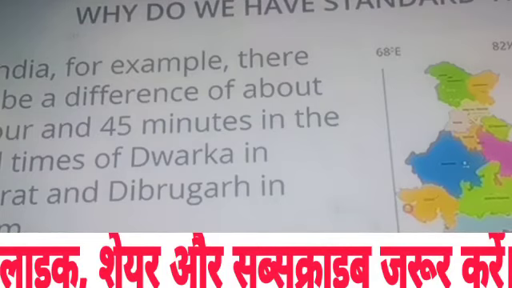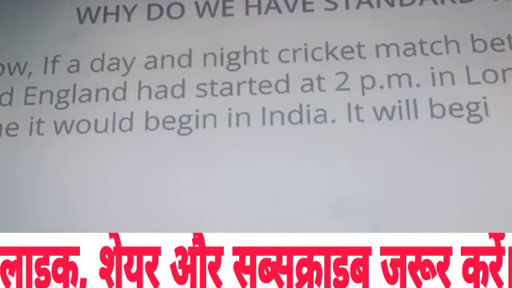The local time at this meridian is taken as the standard time for the whole country and is known as the Indian Standard Time. Now, if a day and night cricket match between India and England had started at 2 p.m. in London, at what time it would begin in India? It will begin at 7:30 p.m.